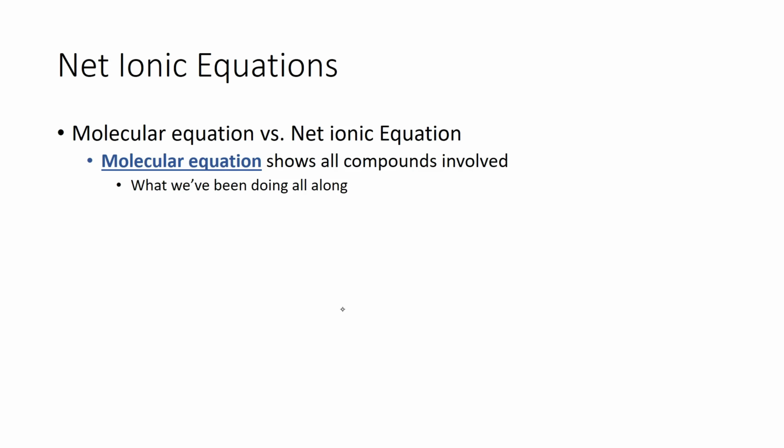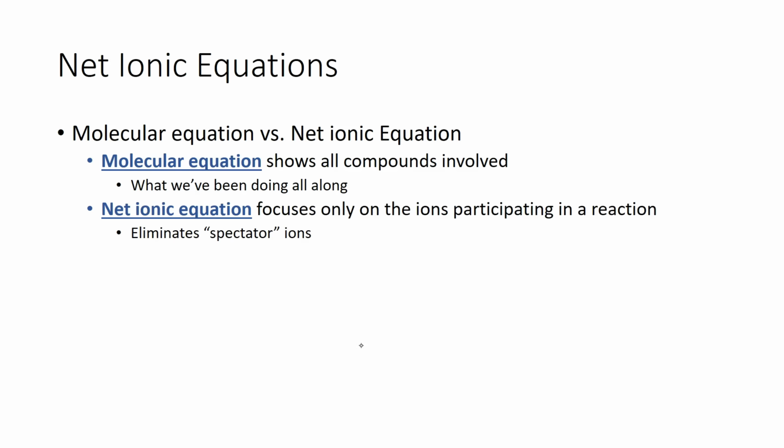We've been doing what are called molecular equations. Molecular equations show all the compounds involved. That's what we've been doing all along. Net ionic equations focus only on the ions actually participating in the reaction itself. And so what we're going to learn to do is recognize spectator ions and eliminate them when pertinent.